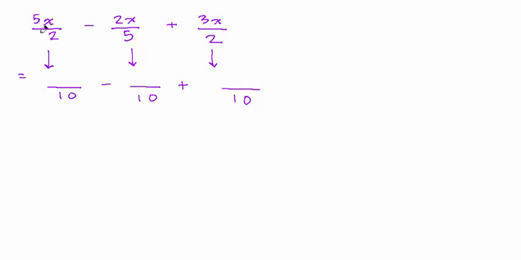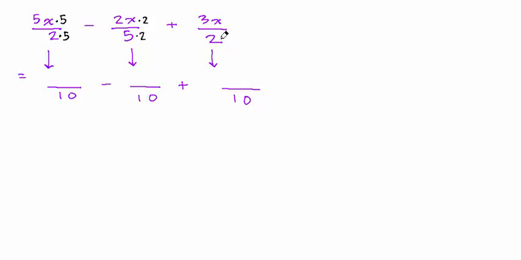If you look at this 5x over 2, in place of the 2 we need a 10, therefore it's essentially about multiplying the 2 with a 5. Now we cannot do just a multiplication with a 5 on the denominator of a fraction, we just need to do the same on the numerator, and therefore I'm going to multiply this with 5 as well. In the same way, this is a 5, we need a 10, therefore times the denominator as well as the numerator with 2. 5 times 2 is 10.